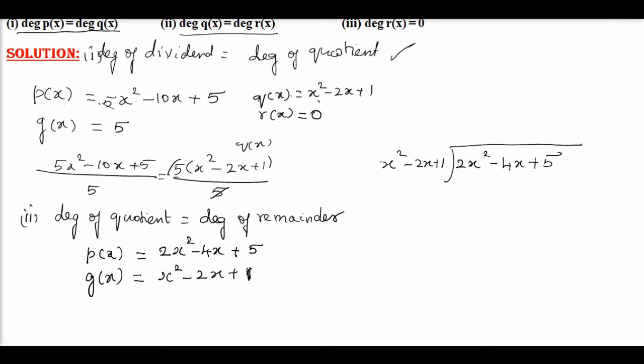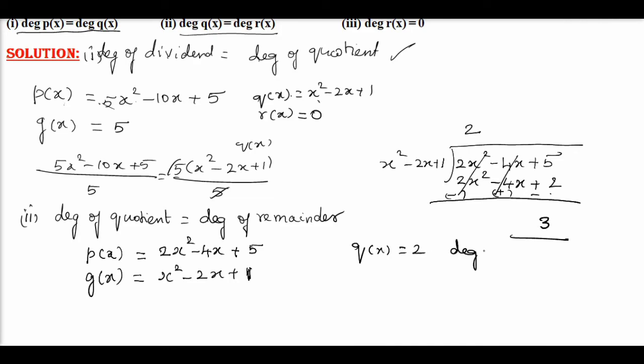So when you divide the first term of the dividend by the divisor, you get the quotient to be 2, so that you get 2x square minus 4x plus 2. So when I subtract, you get 3. So here q(x) equals 2, and since q(x) is a constant polynomial, the degree of q(x) is 0.